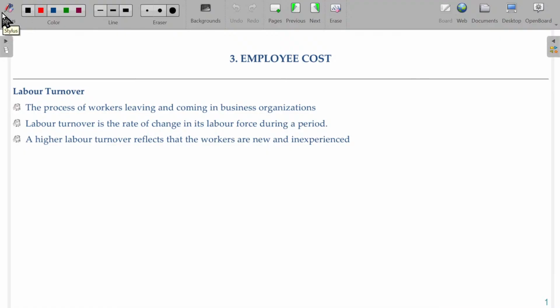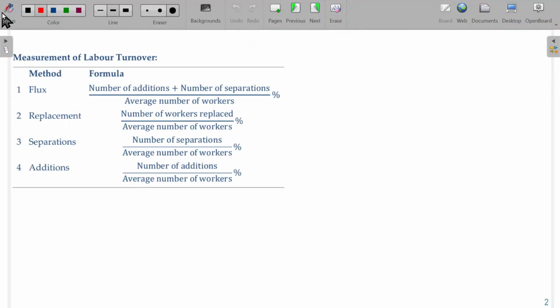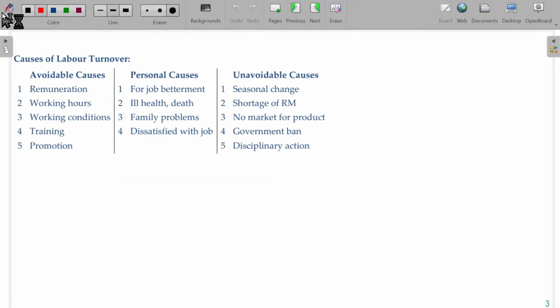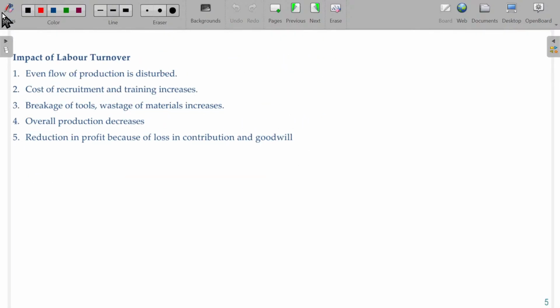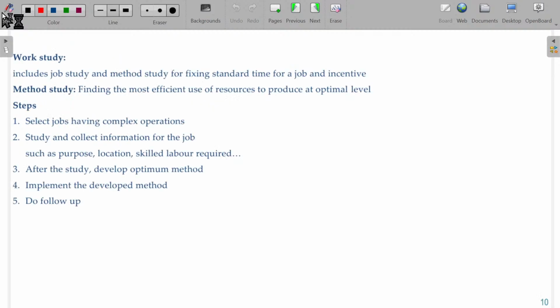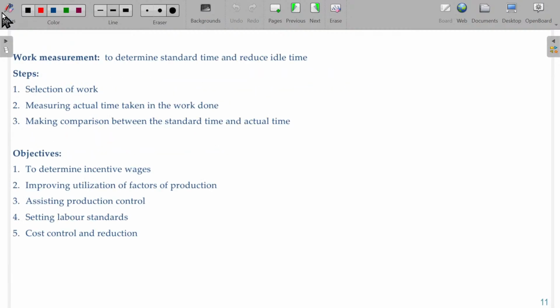Employee cost. So here, what are the things we are going to study? Let's start with those things here.